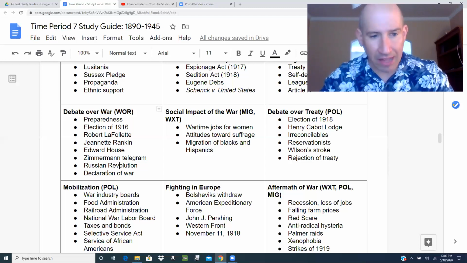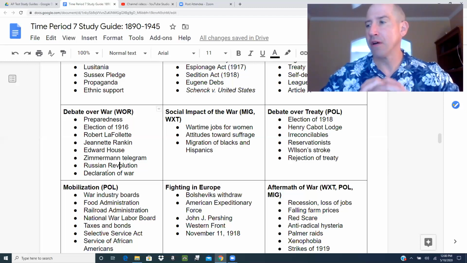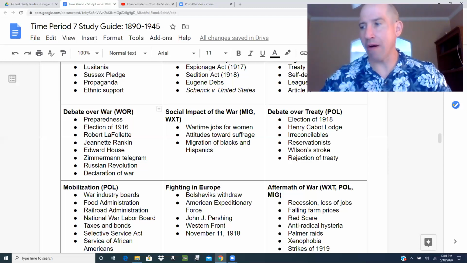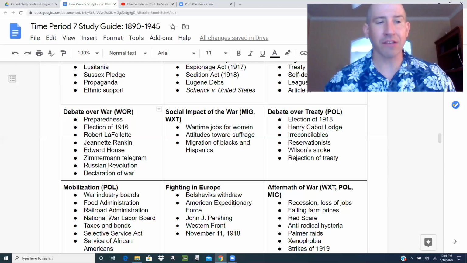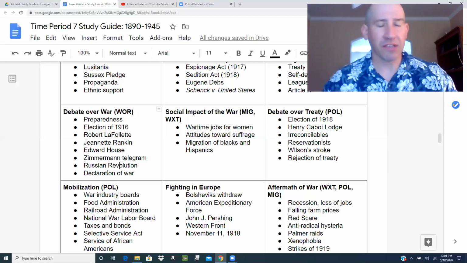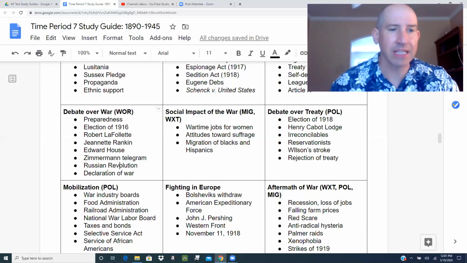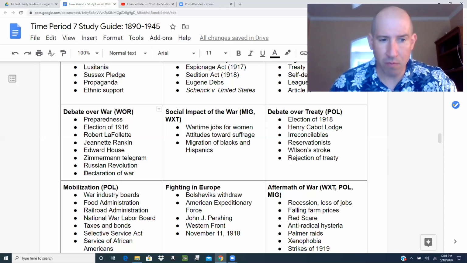They basically tell us that. The threat to our economic ties to the Allies, combined with the German aggression, they sank 5 American ships immediately in March of 1917. Wilson asks for and gets his declaration of war.